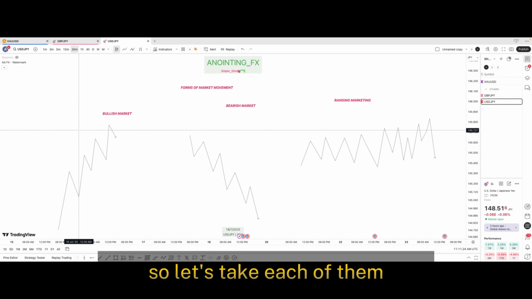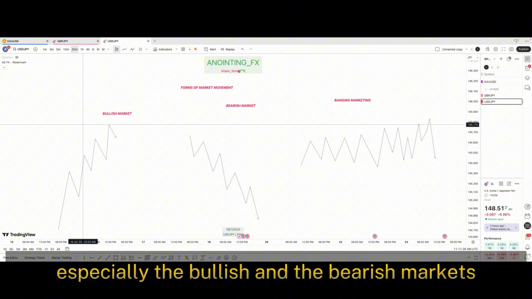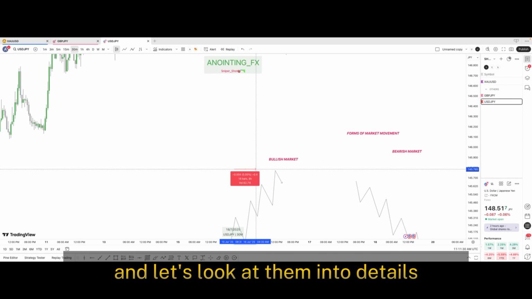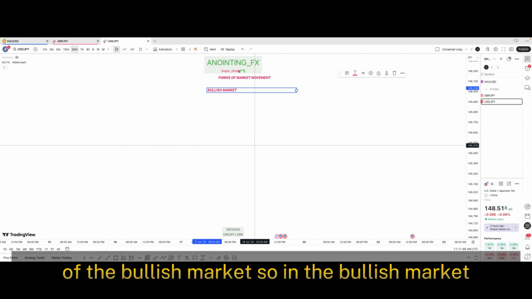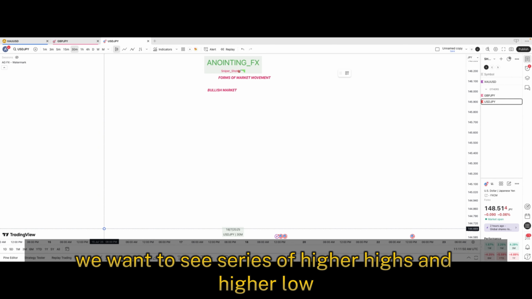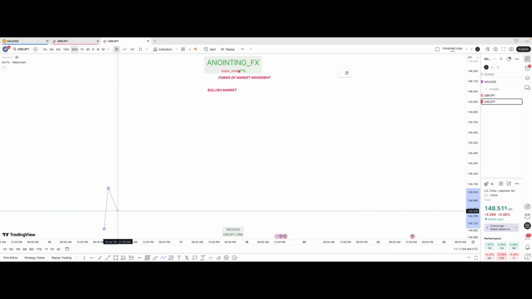So let's take each of them, especially the bullish and the bearish markets, and look at them in detail. Let's consider the bullish market. In the bullish market, we want to see a series of higher highs and higher lows.